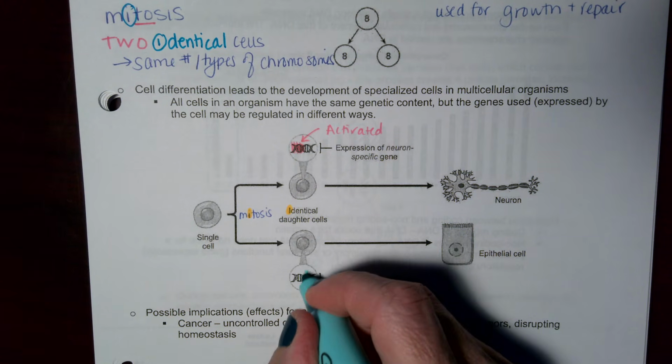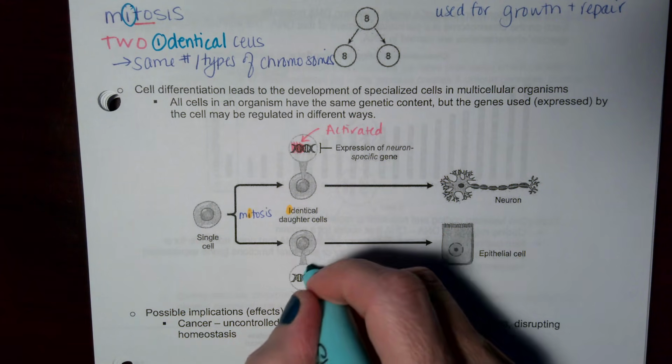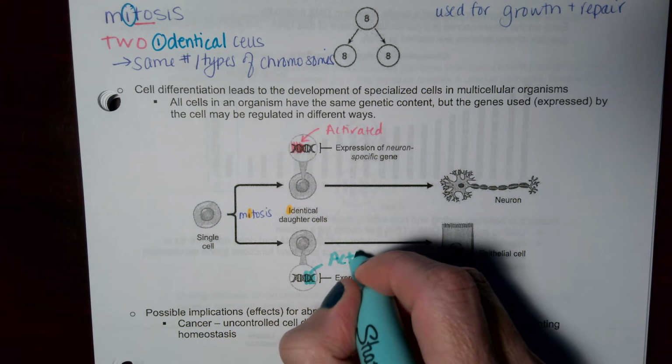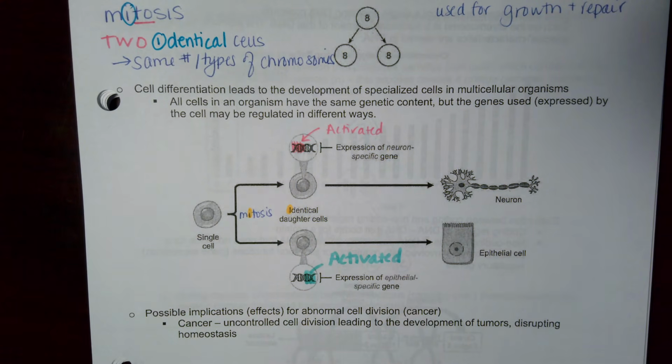If I look at an epithelial cell, what I will notice is a different section or segment of DNA is turned on or activated. Since a different section is turned on, I now have a cell that has a different function.